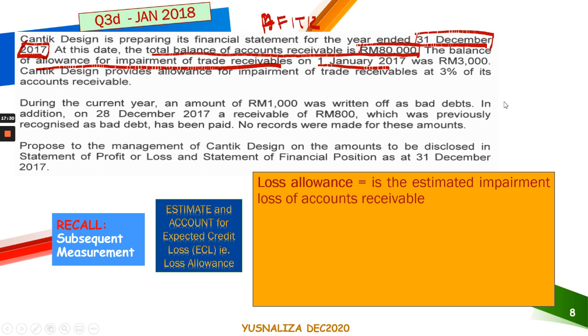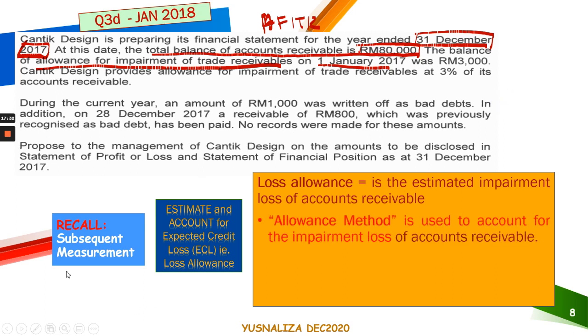Right? So what we're going to do now is we need to recall that this one is related to subsequent measurement. So you have already provided some allowance for impairment of 3,000. This was from your previous years maybe. You estimate and account for the expected credit loss, and that is called loss allowance of 3,000.